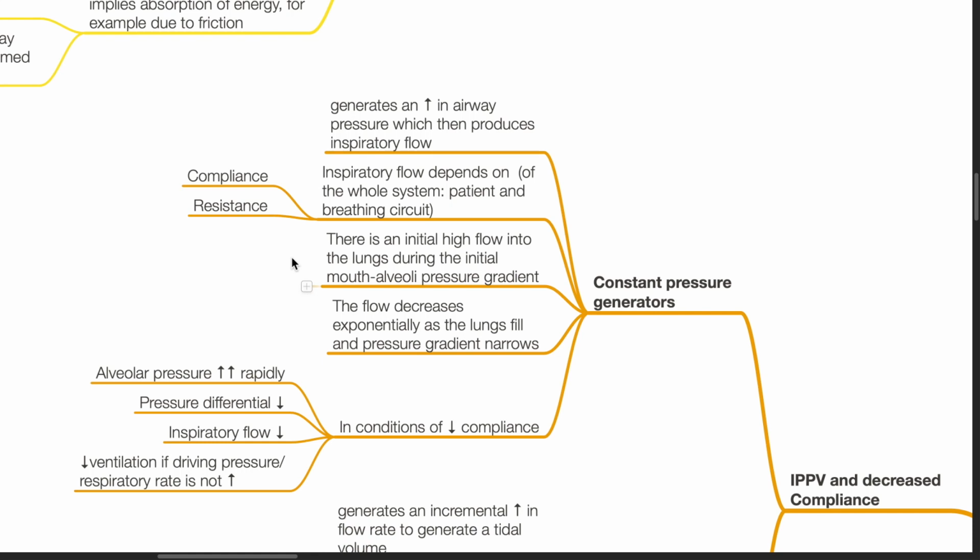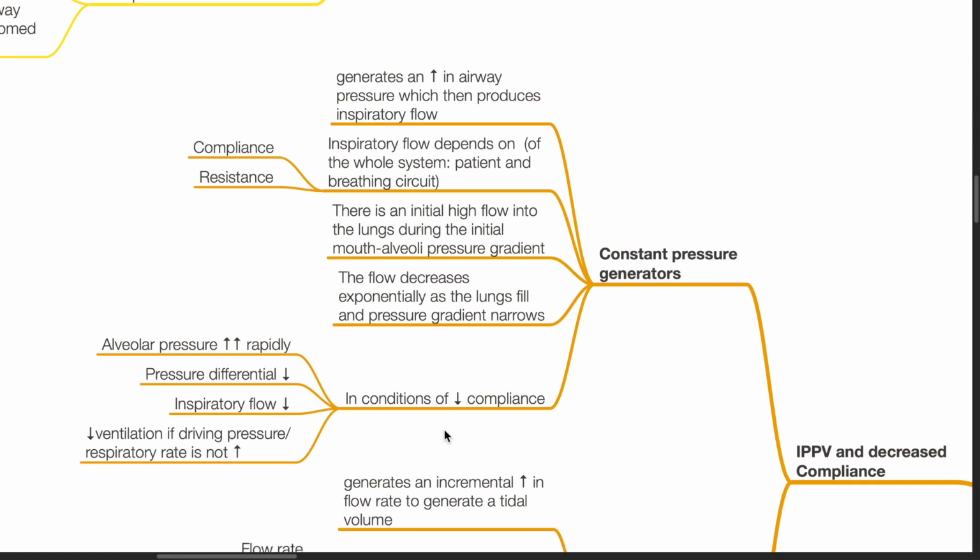The flow decreases exponentially as the lung fills and the pressure gradient narrows. In conditions of decreased compliance, alveolar pressure increases rapidly, the pressure differential decreases, inspiratory flow decreases, and there is decreased ventilation if the driving pressure or respiratory rate is not increased.